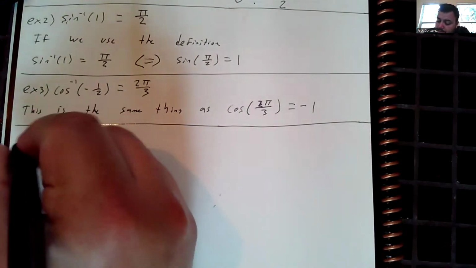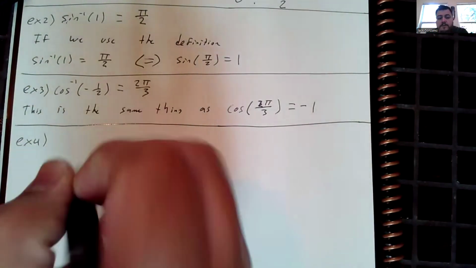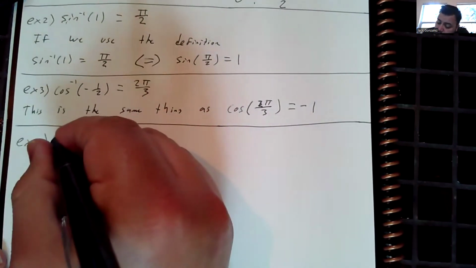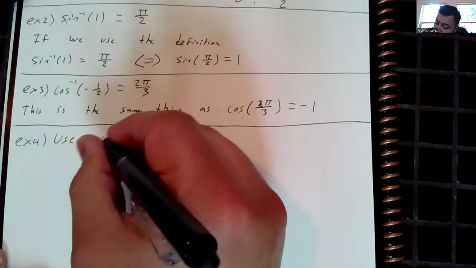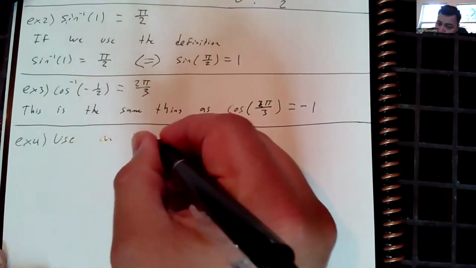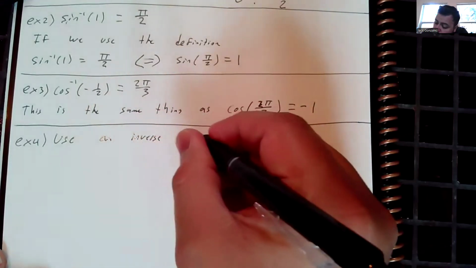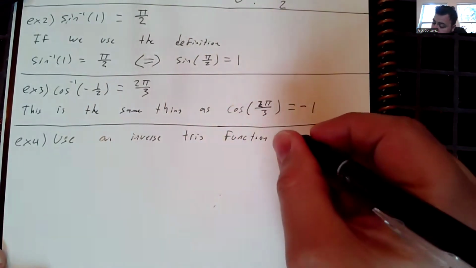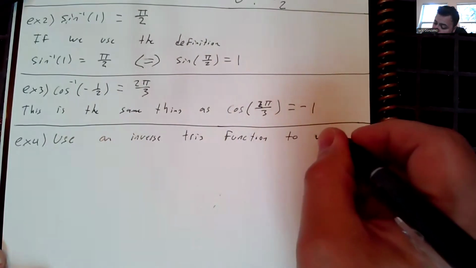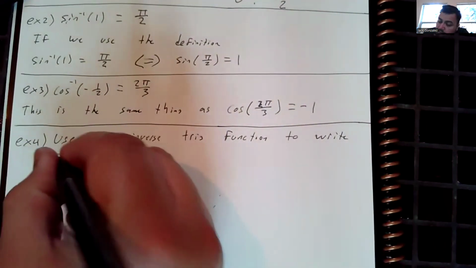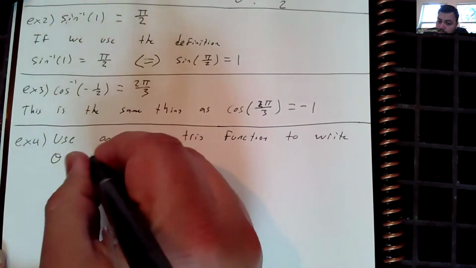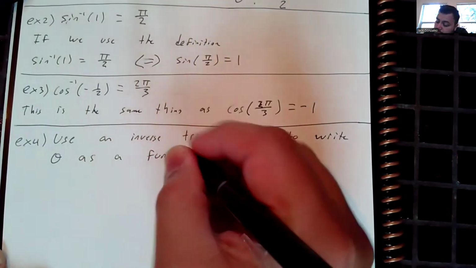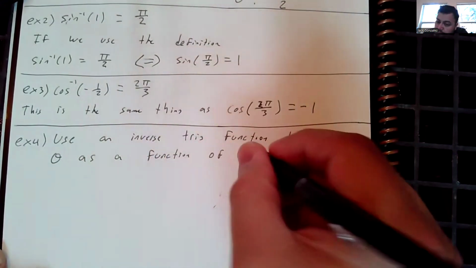Okay. Now let's do an example, kind of like a word problem, but let's start simple. Use an inverse trig function to write theta as a function of x.